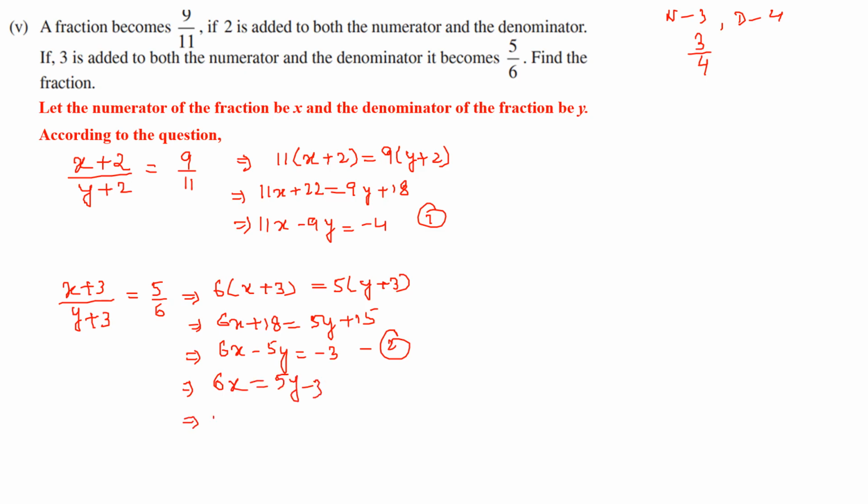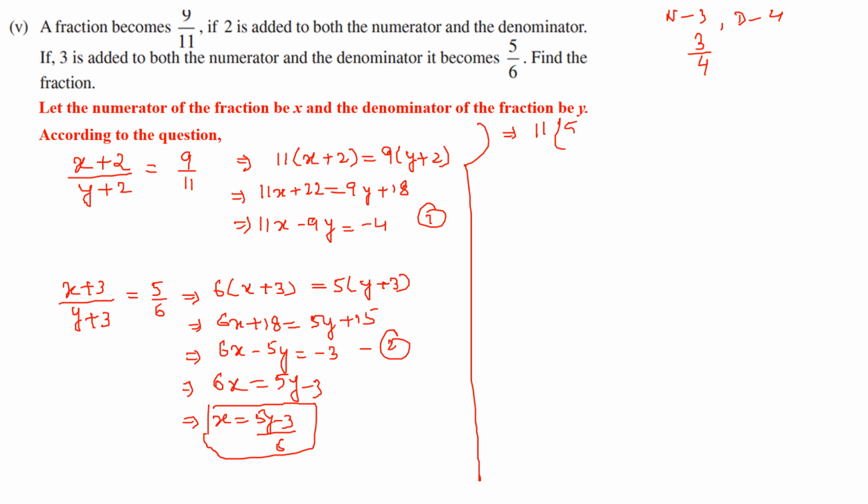So the value of x will be 5y minus 3 by 6. Now I am putting this value of x in equation 1. So what will I get? It will be 11 times 5y minus 3 by 6 minus 9y equal to minus 4.